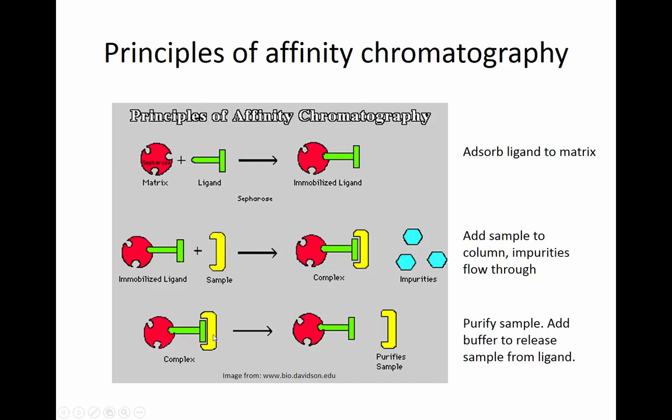And then when you're satisfied that the sample's been purified well enough, you can then add a new kind of buffer to release the sample from the ligand. You can alter the ionic strength. You can put in something that will compete for binding with the sample or the ligand. Depends.